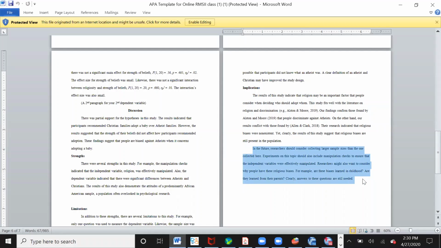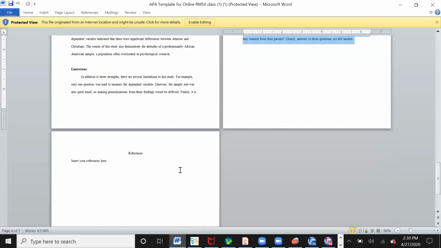I think this part's actually kind of fun to write. If you had this over again, what would you do differently? I know you get a larger sample size, but maybe you would ask your questions differently. And then that's the end.